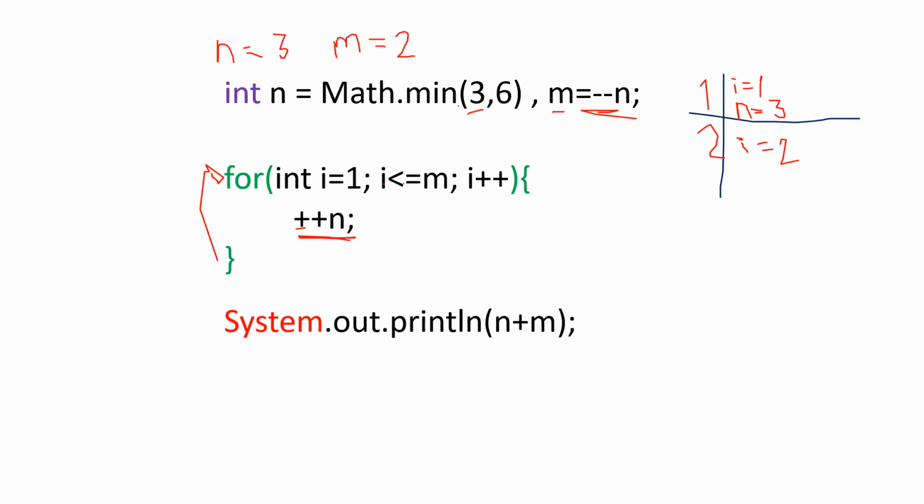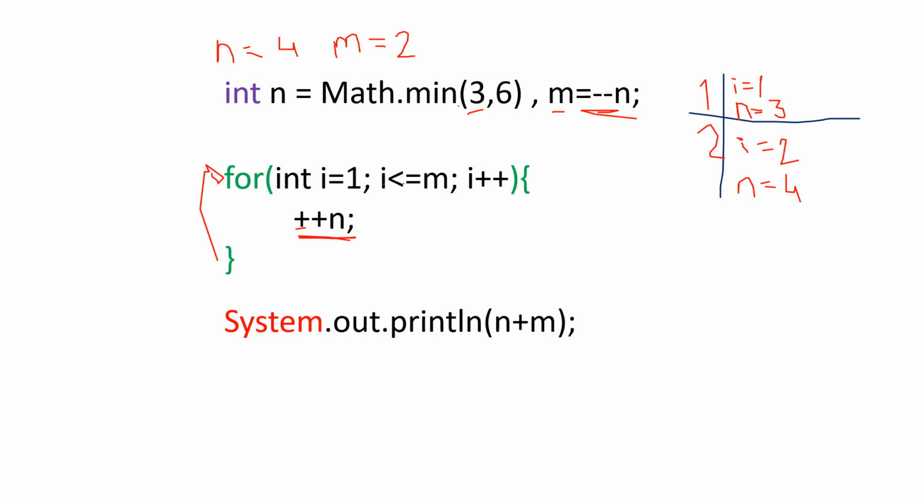Yes, that's true, so this loop will execute. Plus plus n will make n into 4, because it was 3 in the previous execution. So I'll write it here. If you want, you can avoid changing it here, but I'm doing it for my convenience.